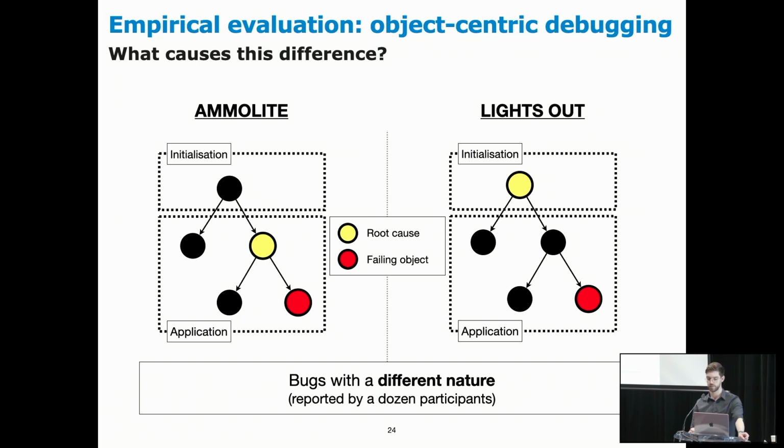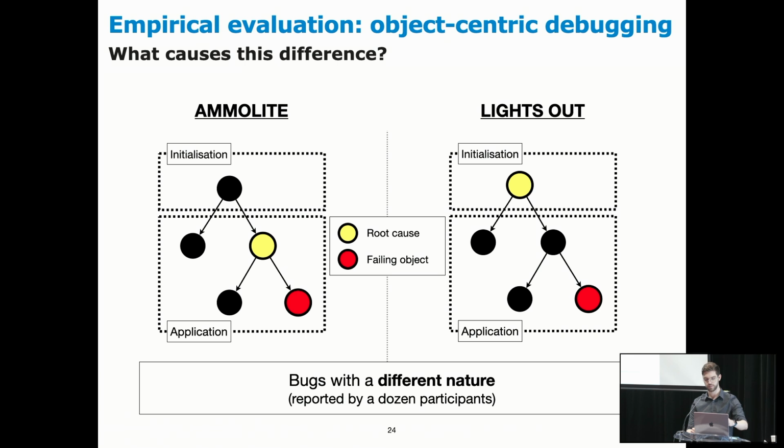It was reported by a dozen participants in the surveys that the bugs are of a different nature. To illustrate this difference, I made these diagrams, which represent simplified call graphs of the two tasks. So on the left is amyloids.